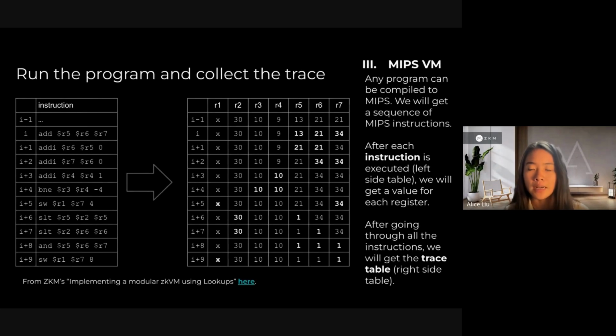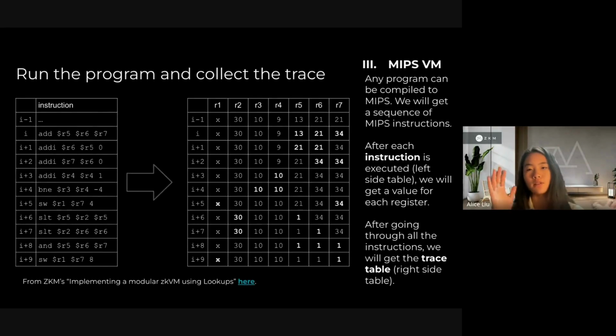So first, in that compilation process, once you have your program compiled, you'll get a sequence of individual MIPS instructions. So for example, row I is just saying add the value of register 5 to the value in register 6, and store that in register 7. The corresponding table for that is on the right side. So for row I, you can see, well, 13 plus 21 is 34.